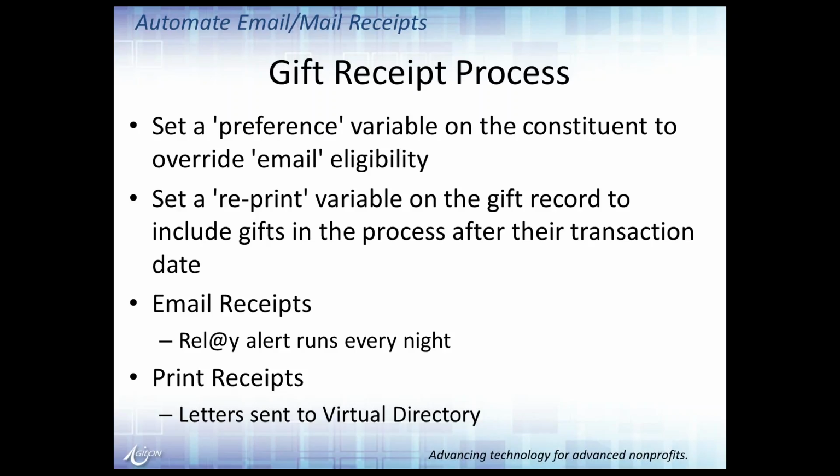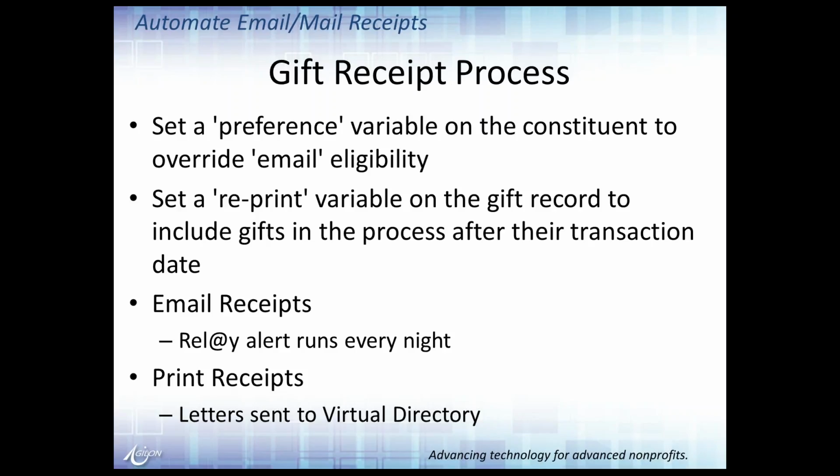We also wanted to give you the ability to indicate on a gift that you wanted that particular gift reprinted, and then it would get picked up in the process, just like the email and the preferences for those two processes. It would get picked up automatically. So you don't have to have a separate report running to do reprints. If we have the flag set on the gift, it will automatically process that as either an email or a printed letter based on whatever their eligibility is.